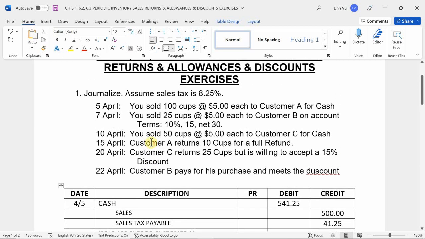April 7, you end up selling 25 cups at $5 each to customer B on account, and you gave customer B terms of a 10% discount opportunity if he pays within 15 days. If not, the whole entire amount is due in 30 days.